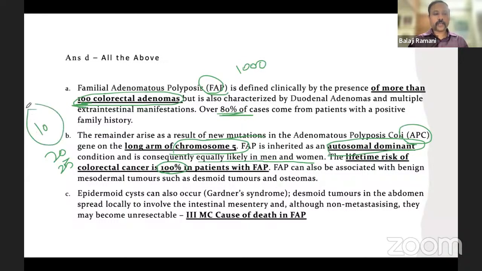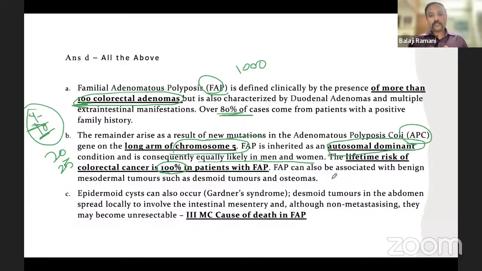Colonoscopy screening, the recommended age is around 9 to 10 years, in patients with a family history of FAP. In such patients such early colonoscopy screening is needed. And if they have the mutation, then they will definitely have to go for a prophylactic ileal pouch anal anastomosis after doing a total proctocolectomy.